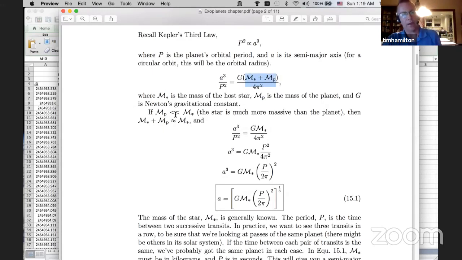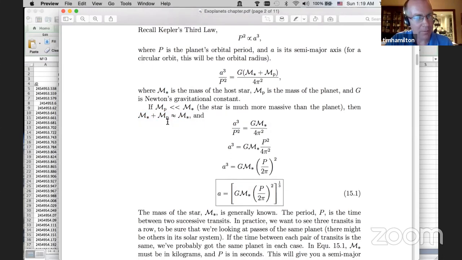Now, in all the cases that we deal with, the mass of the planet is much less than the mass of the star. Therefore, the sum of the two is pretty much equal to the mass of the star itself. Okay, so we can make that approximation and we'll simplify it a bit because, of course, we don't know the mass of the planet, not separately anyway.